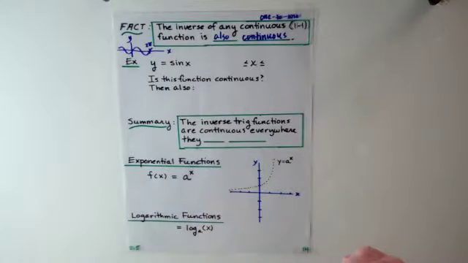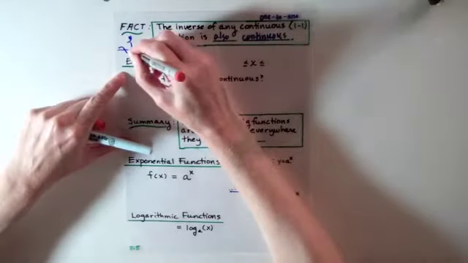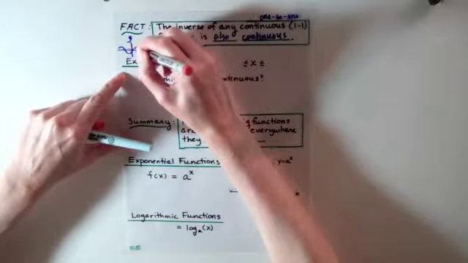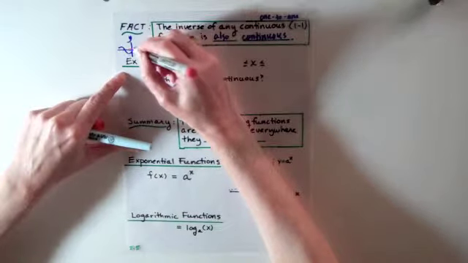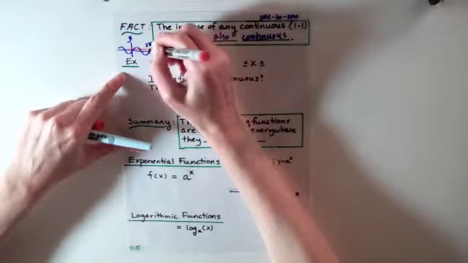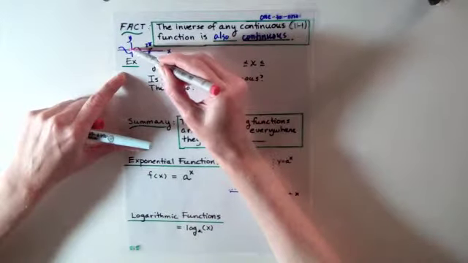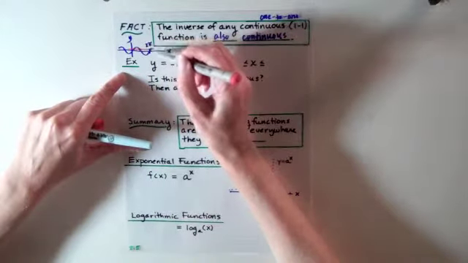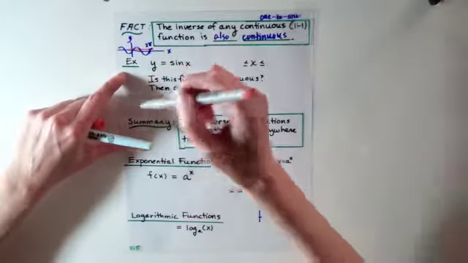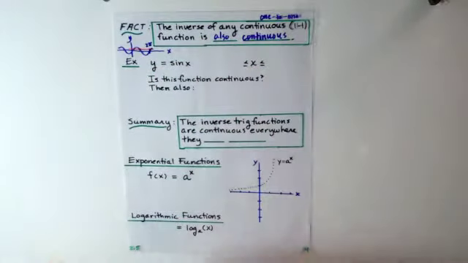It passes the vertical line test, but it is not a 1-to-1 function. Remember, a 1-to-1 function would have to have a graph that passes the horizontal line test. This does not, meaning that for a particular output value y, there's more than one input that goes to that output. So y equals sine x isn't actually a 1-to-1 function.